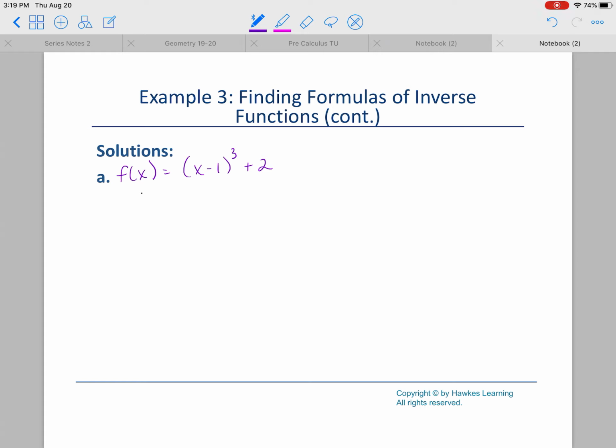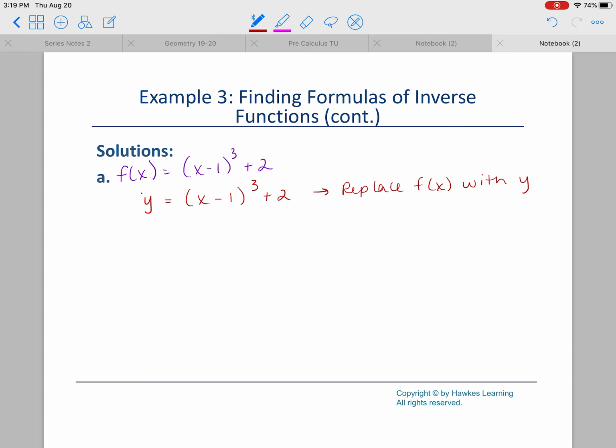Okay, very first step. I'm going to take the f of x out, and I'm going to replace it with y. So I'm going to get y equals (x minus 1) to the third plus 2. So my first thing I did was replace f of x with y.